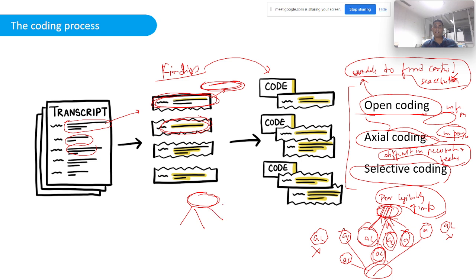Then under a selective code you will have multiple axial codes. This is selective code, axial code. Then under each axial code you will have multiple open codes. However, in selective coding you may choose not to consider certain axial codes if they are not of interest to your particular project. Okay.